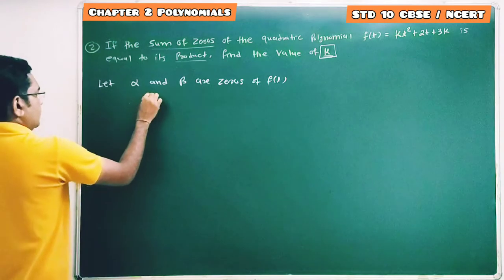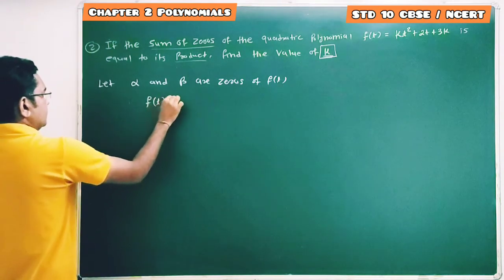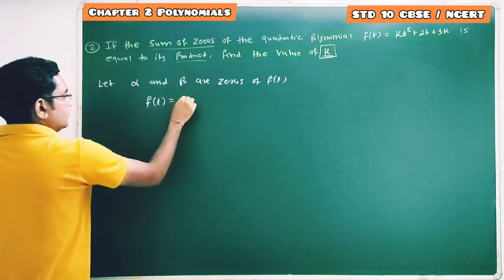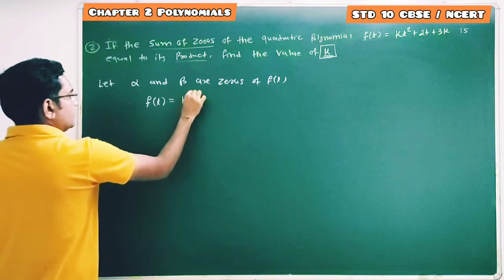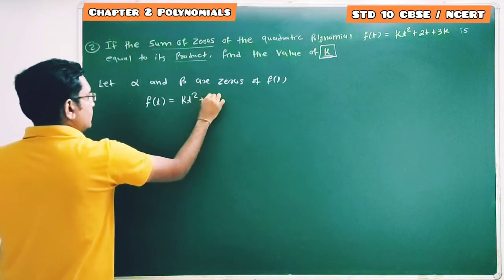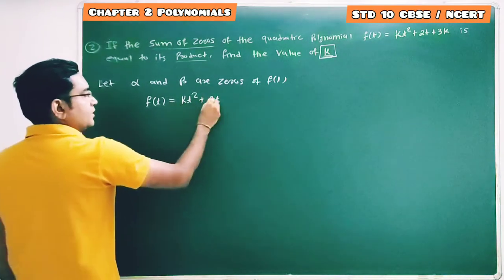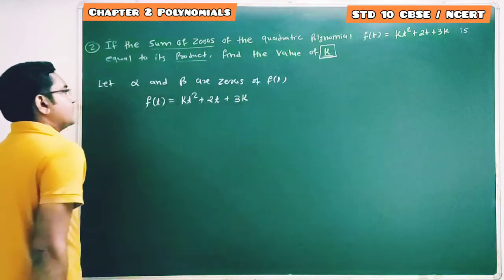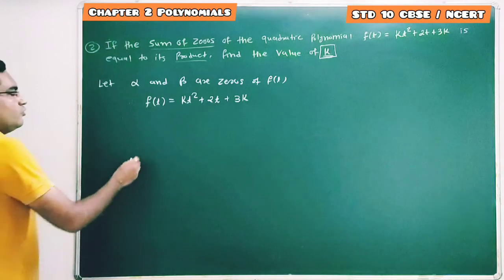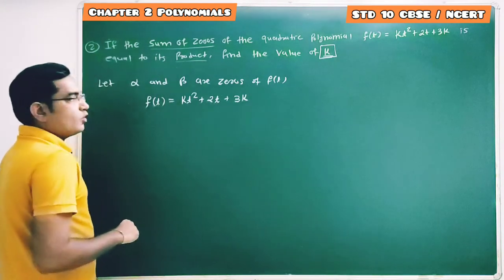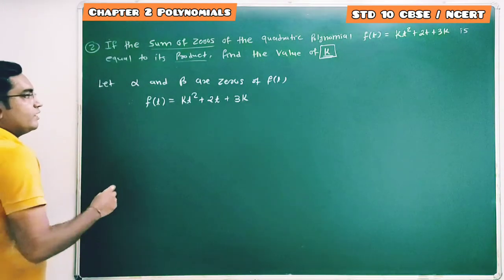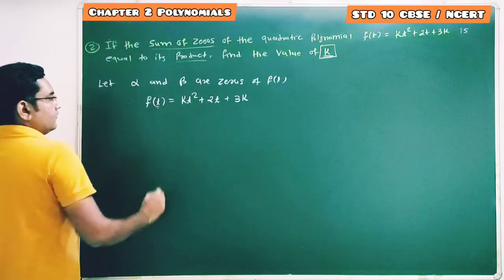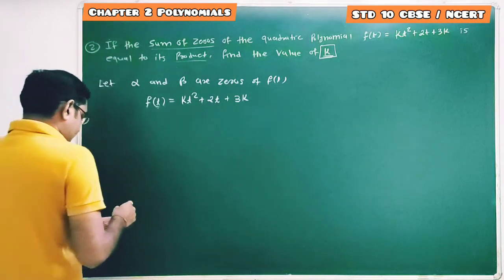So given polynomial f of t is kt square plus 2t plus 3k. Done? So given polynomial is in the form of variable t. Normally we are getting polynomial of variable x, but here we are given polynomial in terms of variable t.